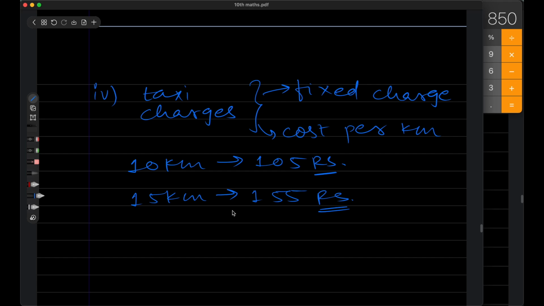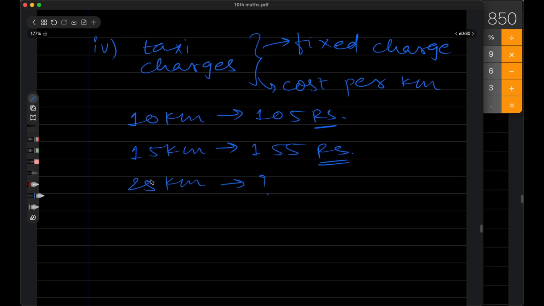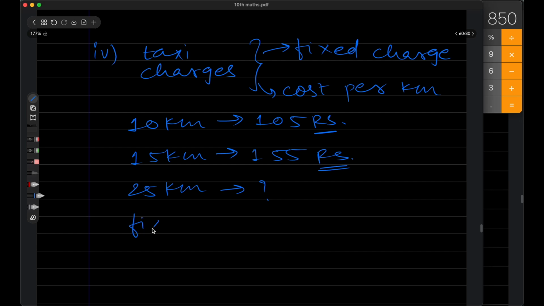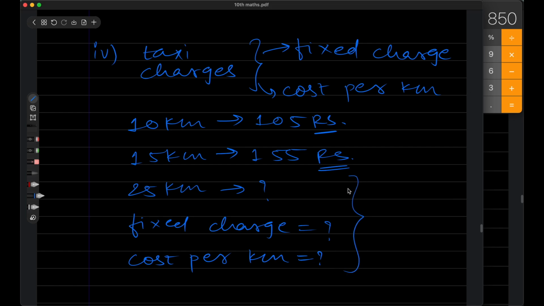And we have to find how much does the person have to pay for traveling a distance of 25 kilometer. So we have to find the charge for 25 kilometer, fixed charge, and the cost per kilometer. We have to find these three things.